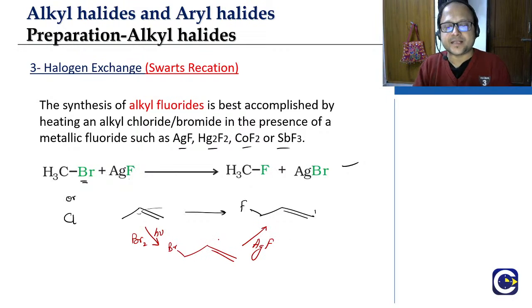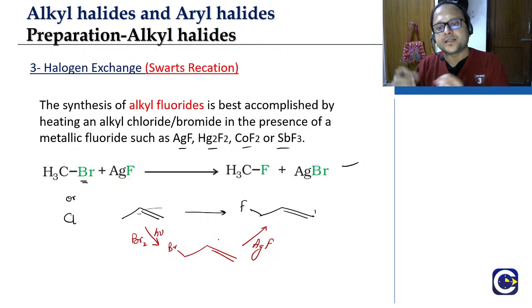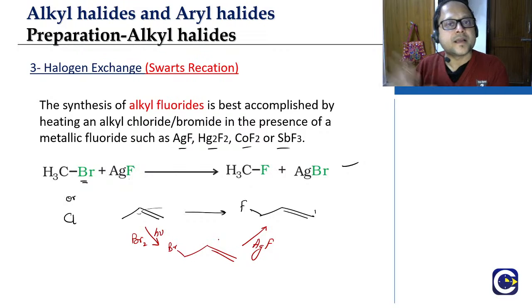These very simple questions can be asked in board conversions, and these are the basic stepping stones from where we can slowly build up to your NEET or JEE level. So no need to worry, right? Okay, fine.